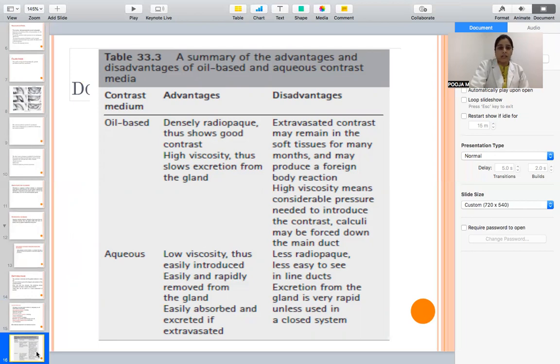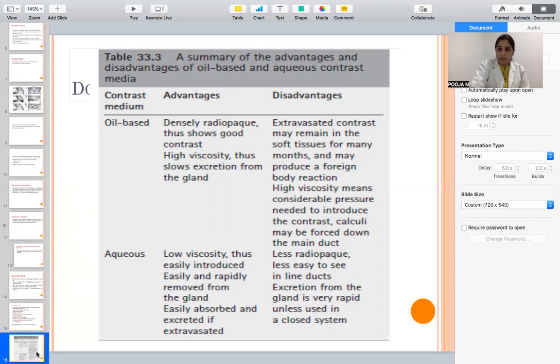The advantage of the oil-based contrast medium is that it is very dense, so it gives very good contrast. You can appreciate even the finer details because it is very radio opaque when you take a radiograph. The next advantage is that it is highly viscous.